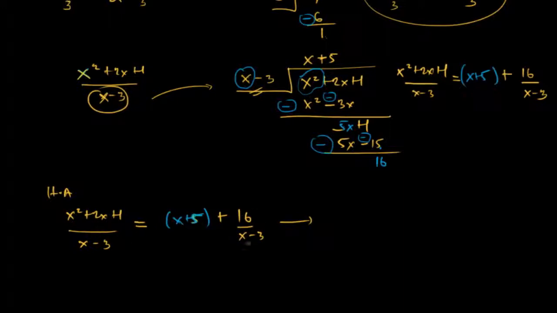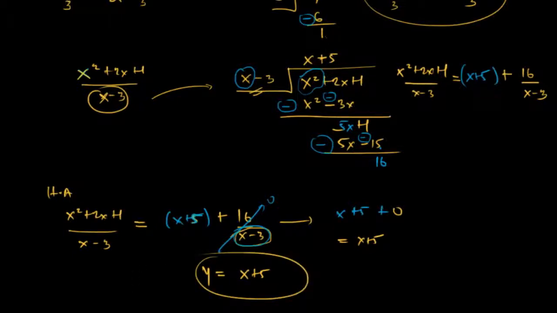As x becomes very large, you'd observe that the denominator blows up, that is, x becomes infinity, so this whole fraction goes to 0, and what you'll be left with is x plus 5 plus 0, which is x plus 5. Therefore our horizontal asymptote is y equals x plus 5.